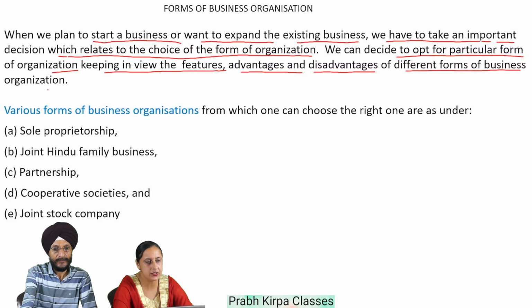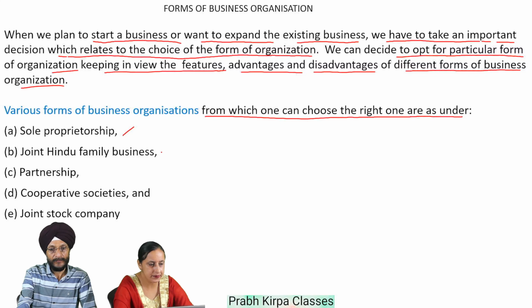Various forms of business organizations from which one can choose the right one are as under: A. Sole proprietorship. B. Joint Hindu family business. C. Partnership. D. Cooperative societies and joint stock company.